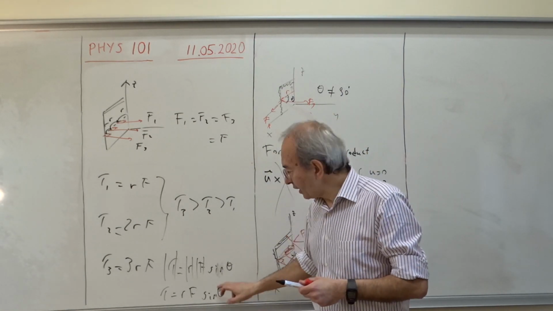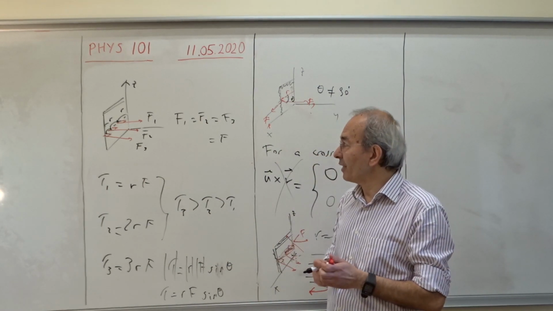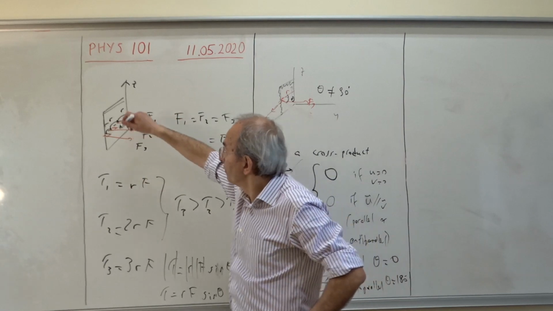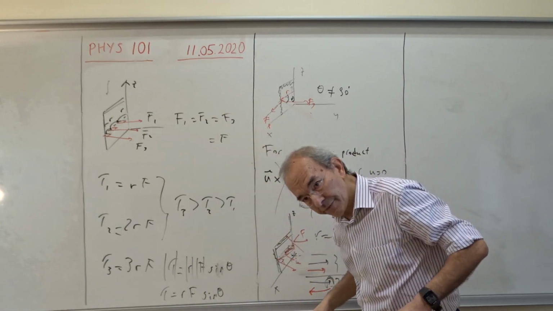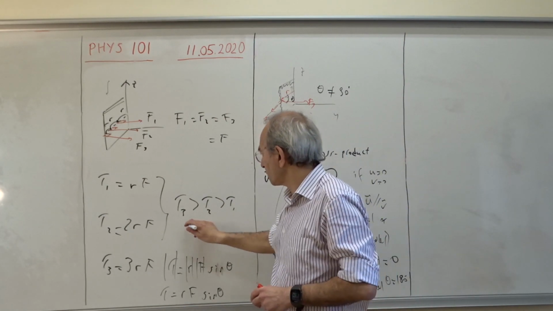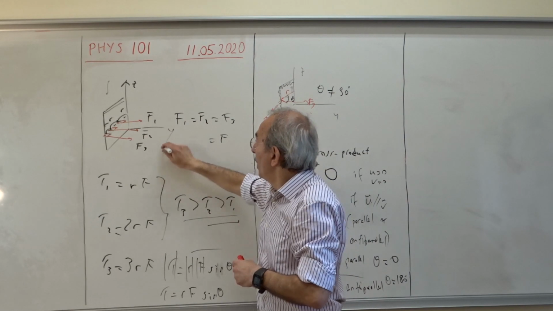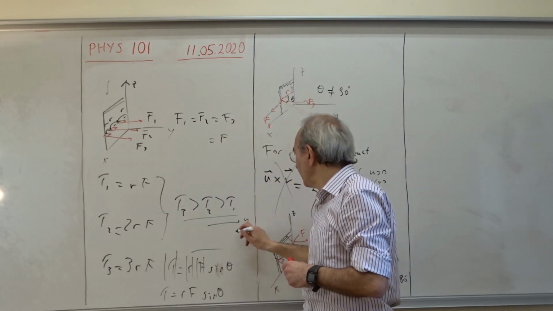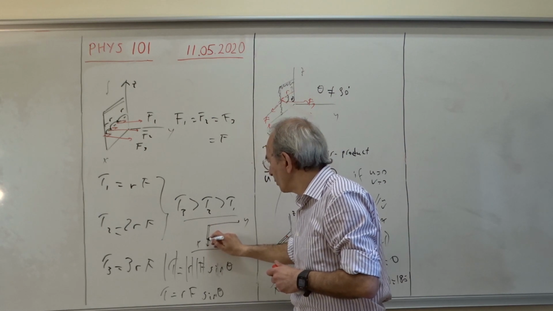But the other important thing is the angle, which is more critical than the others. Let's see the top view, let's look at the door from above. So what do you see? Top view is the following. So this is the y direction, that is the x direction, and this is the door.